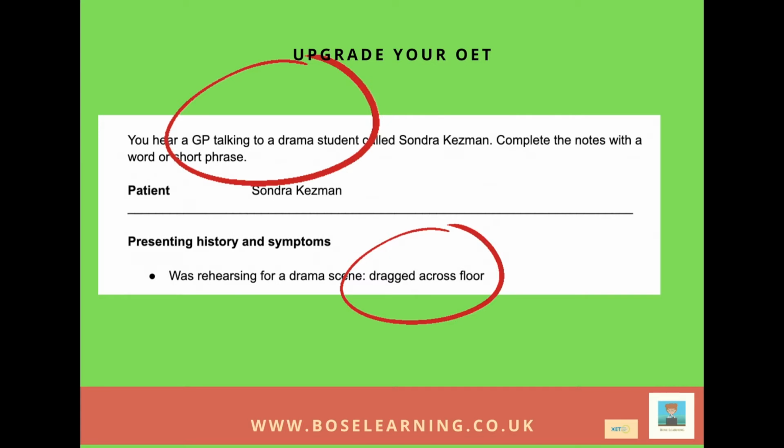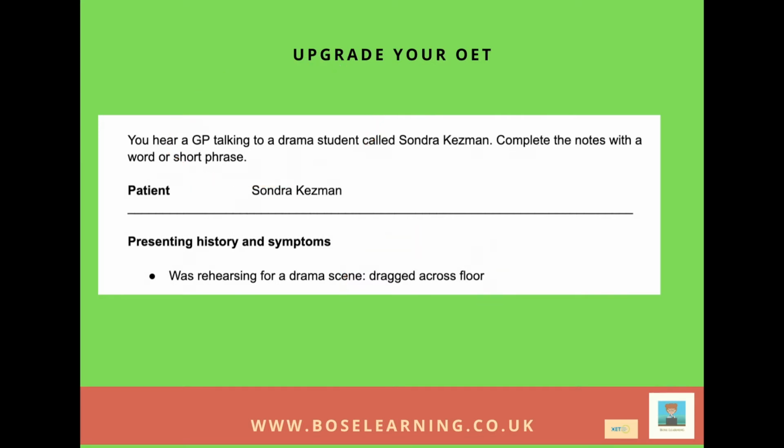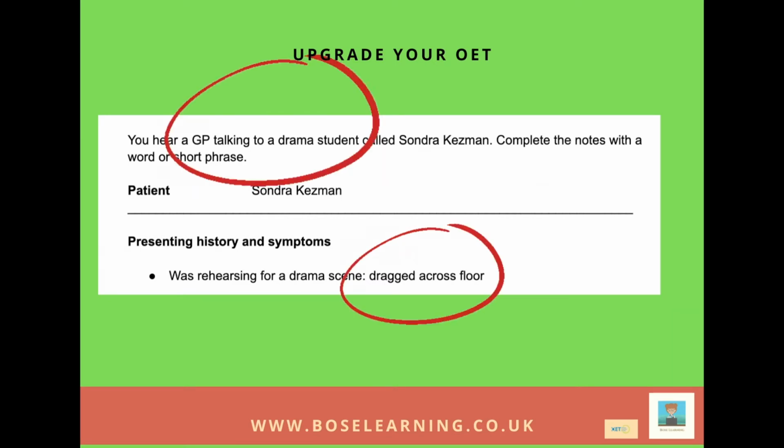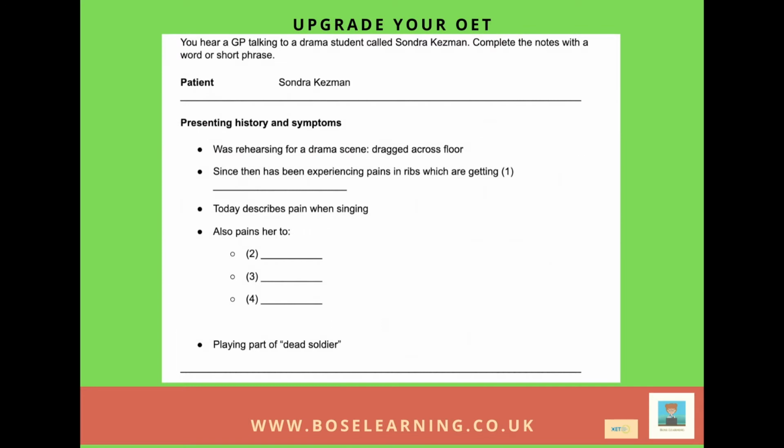Always look at the background because that will give you a good idea of what's going to come next. So perhaps she's injured some part of her body or bruised it, etc. So you can already start getting an idea. Then we look at the next bit of signposting, which is actually question 1. Since then has been experiencing pains in ribs which are getting... What do we anticipate? We might think they are getting worse, they're getting stronger, they're getting more intense.